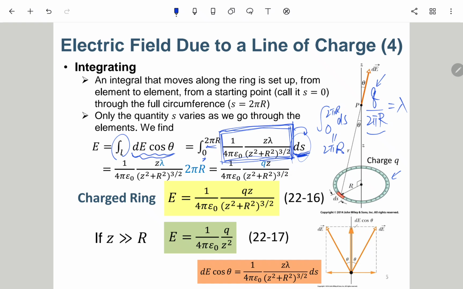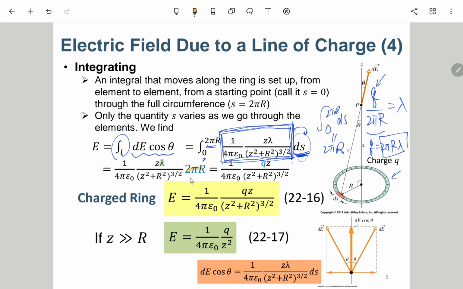Okay, so finally we can eliminate the lambda: we can slightly rearrange so that Q equals 2 pi r lambda, and we can replace it by Q. So we can observe that this is lambda, this is 2 pi r, so this whole variable becomes Q. Finally here it becomes Q multiplied by z here, and then 1 over 4 pi epsilon naught is nothing but that.